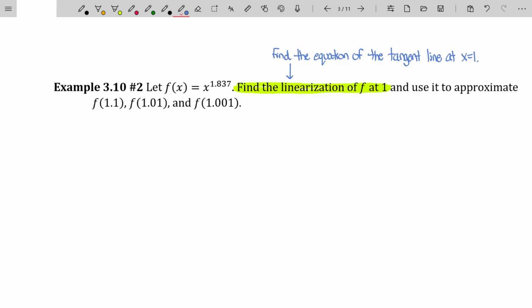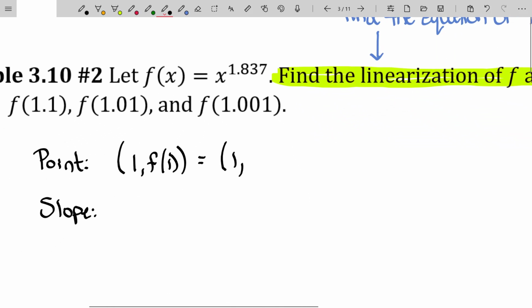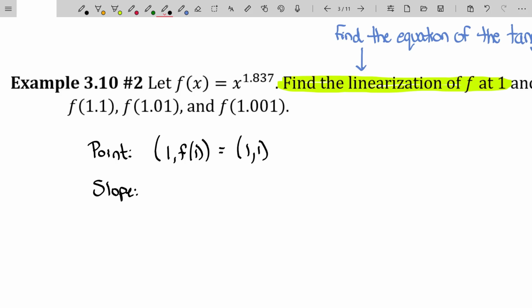So to find the equation of the tangent line, we need two things, a point and a slope. The point's pretty easy here because we're going to plug in 1 to our function and we'll get out an output. And of course, that's pretty easy, right? Because you plug 1 into this function, you'll get an output of 1. That's our point. The slope, on the other hand, we need to find out what f prime of 1 is.